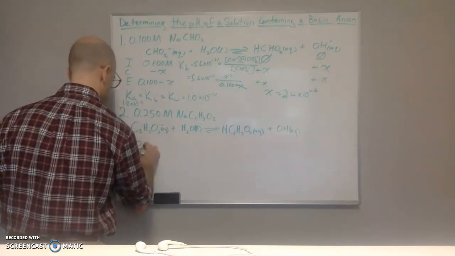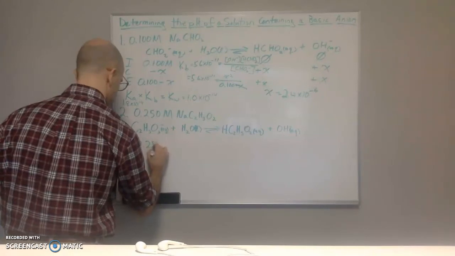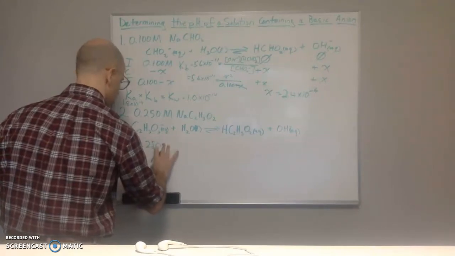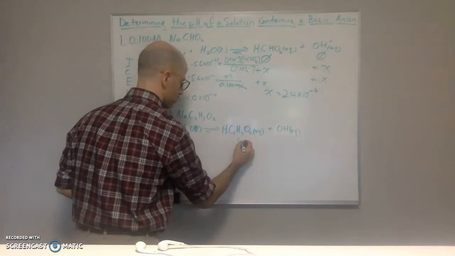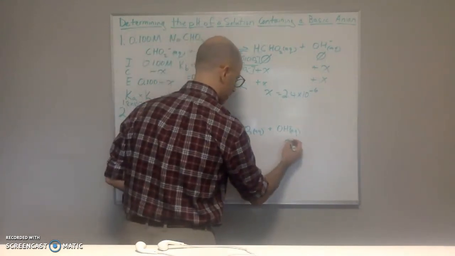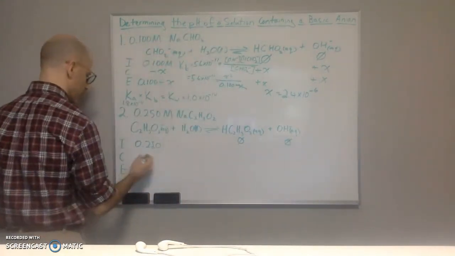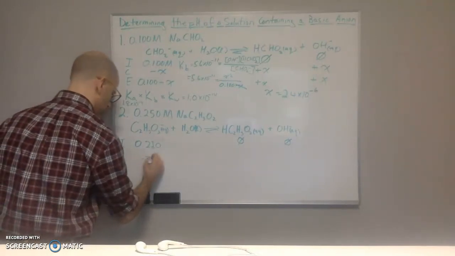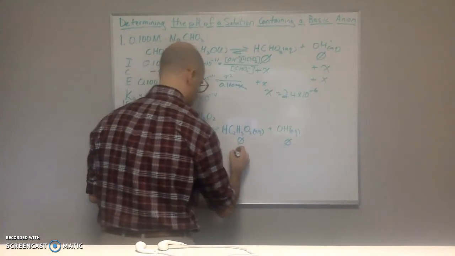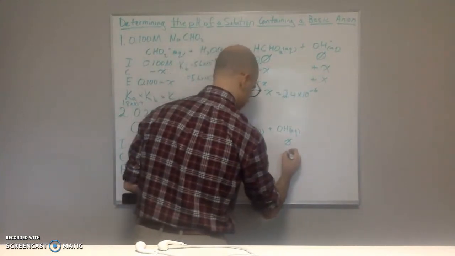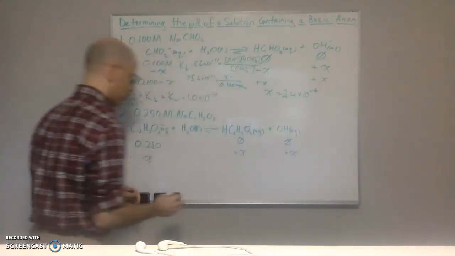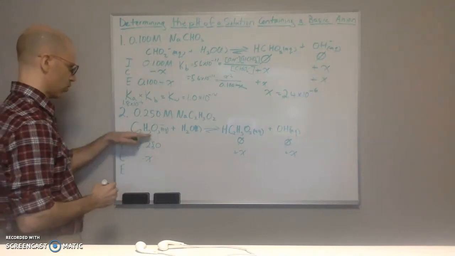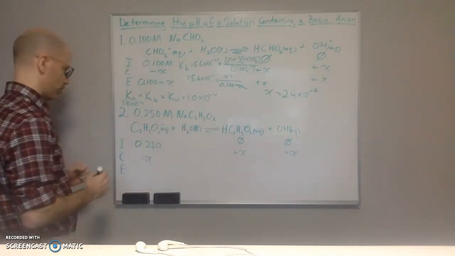So we have 0.250 here, and we're going to have 0 here and practically 0 there. And then because we're going to go in this direction, it's going to be minus x here, plus x for the change, because it's a 1-to-1 ratio for everything.